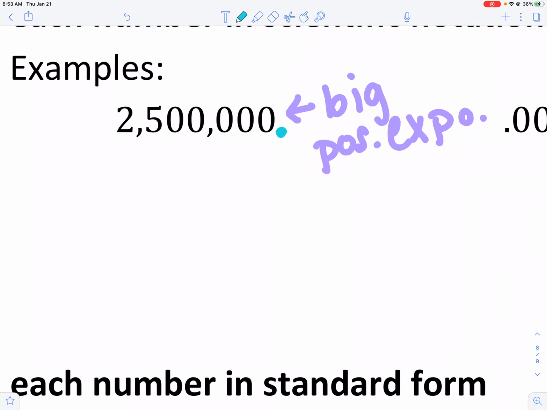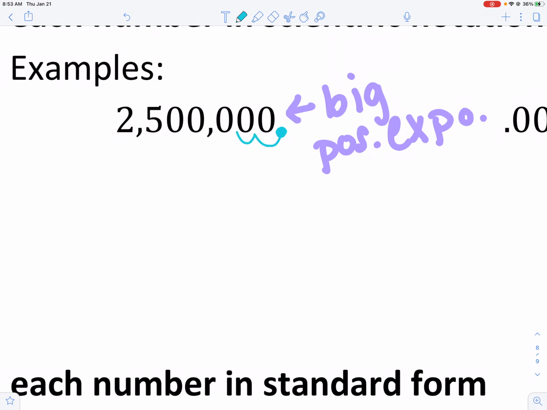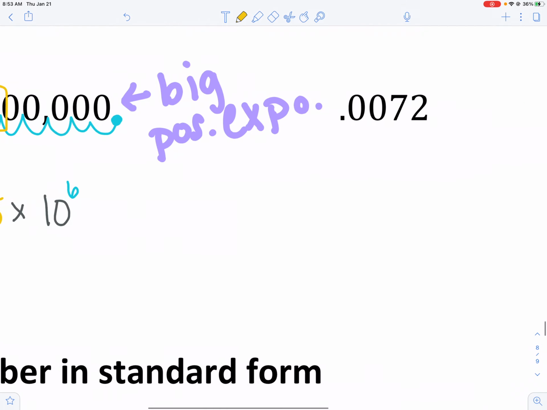So I'm going to move 1, 2, 3, 4, 5, 6 places. So because I moved 6 places, that is going to be my exponent, and because that's a big number, it's going to be positive. And then the number out front is going to be where I moved the decimal to. So 2.5 times 10 to the 6th. That is the same number written in scientific notation.